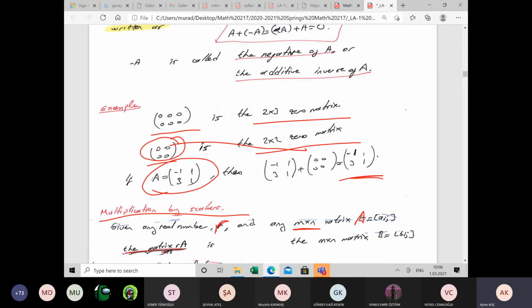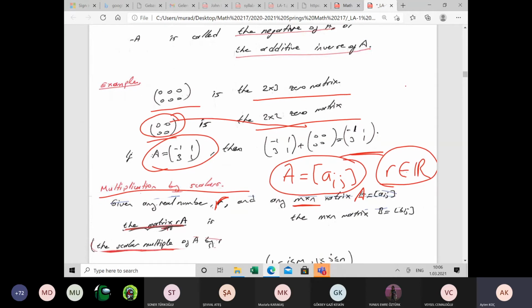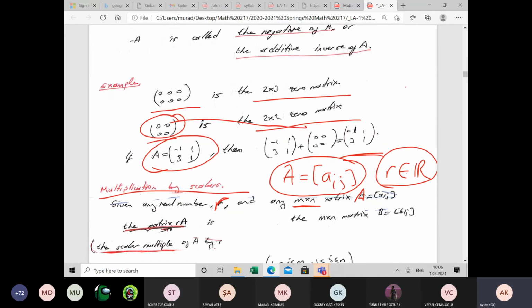We have the matrix A, which has entries A ij, and take any real number R. It's okay. Our aim is to define multiplication by scalars. This one is a scalar, and take the matrix, and the multiplication by scalars gives a new matrix.